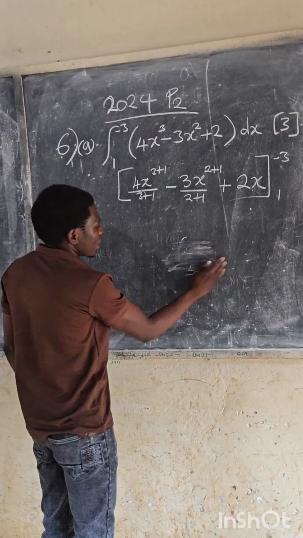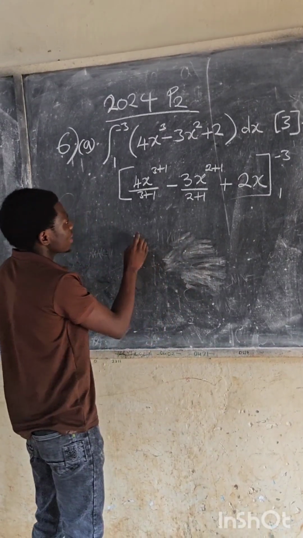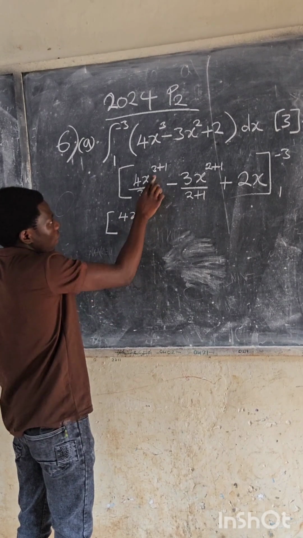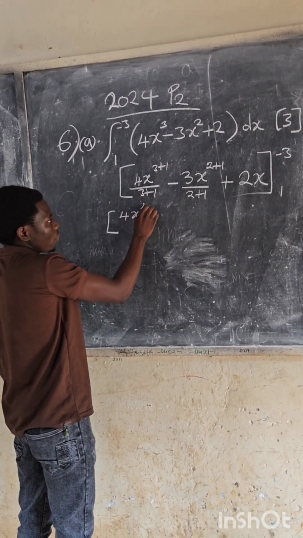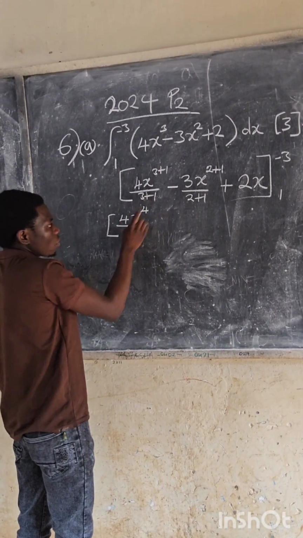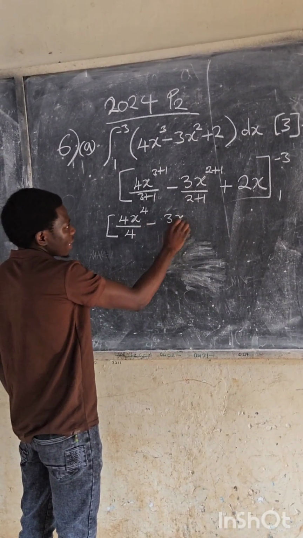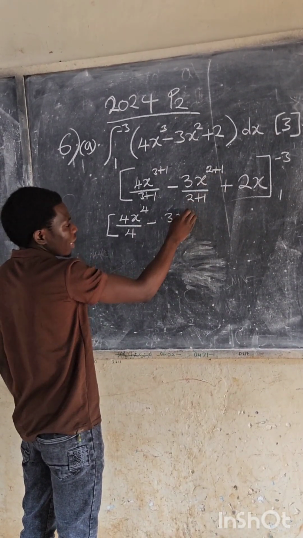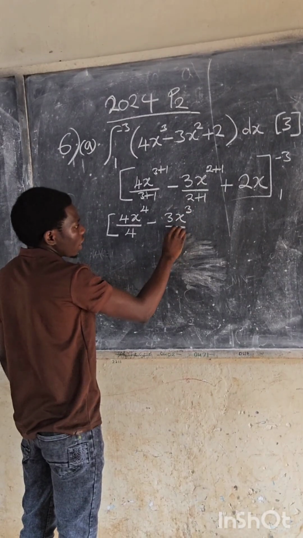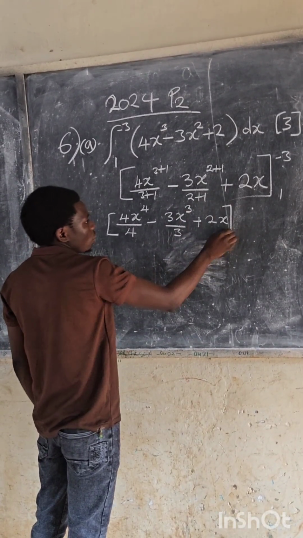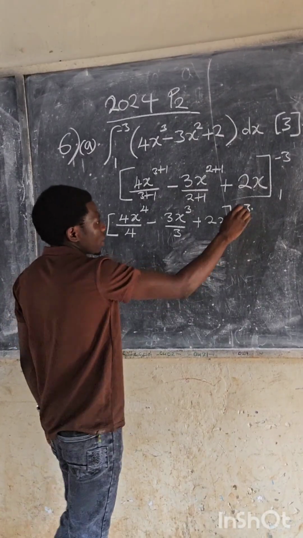So we have 4x power 3 plus 1, which is 4 over 3 plus 1, that is 4, minus, you have 3x, 2 plus 1 on top, you get 3 over 3, then plus the 2x, and then you put the limits from 1 to negative 3.